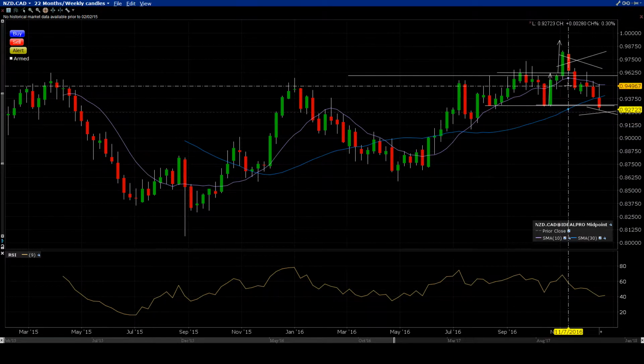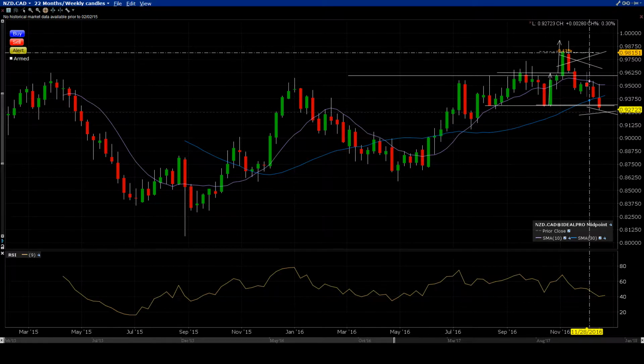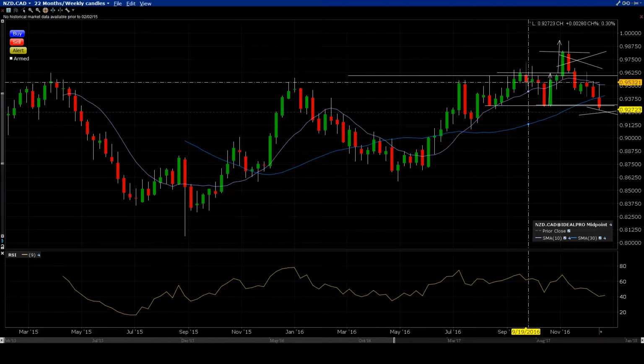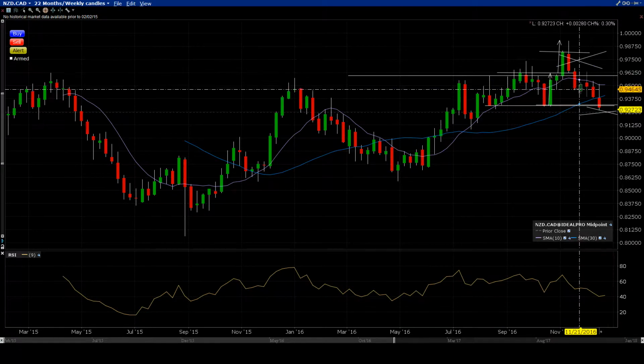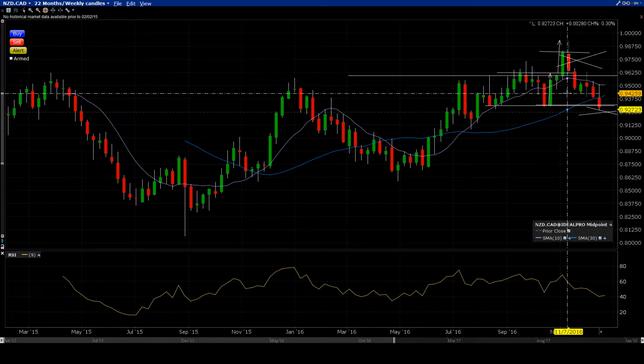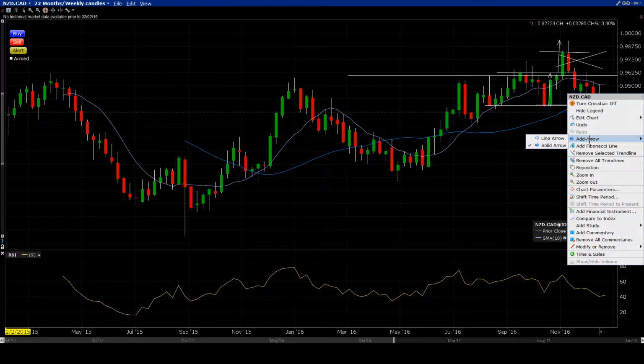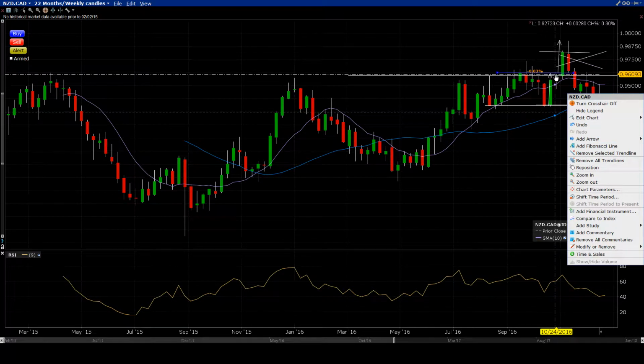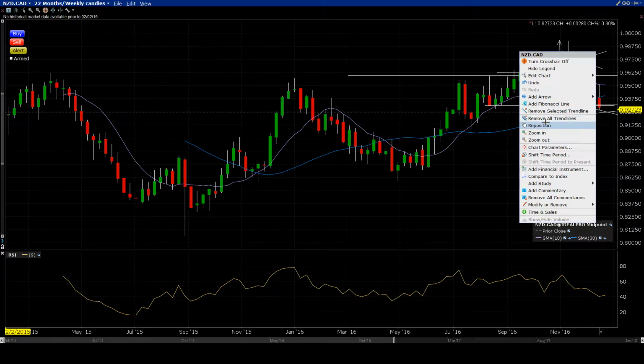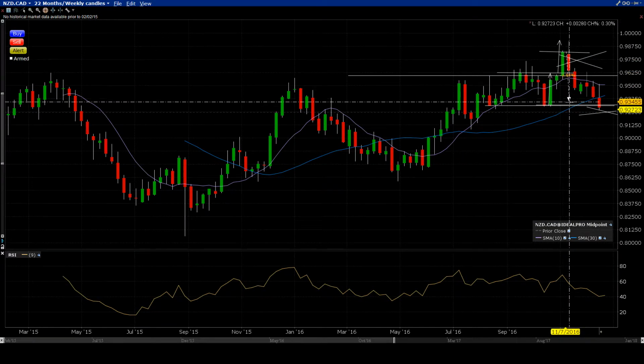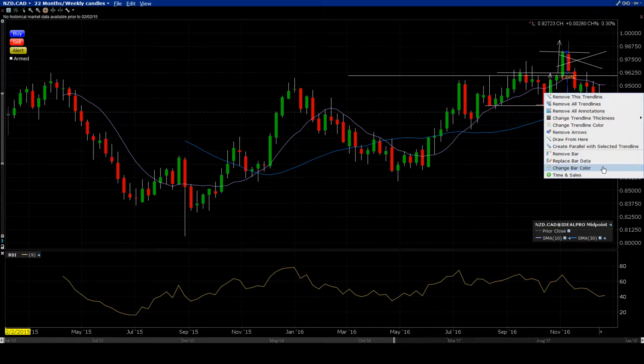Let's draw an arrow. And you could have said this is a maybe not a head and shoulders, but maybe left shoulder, head, and here right shoulder. All right, let's remove. I want to keep those lines for now. You could have said this is my measured move.